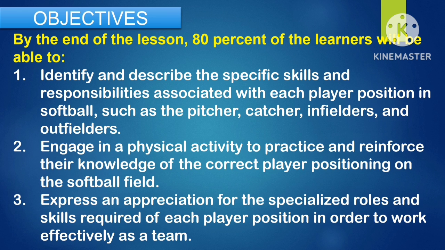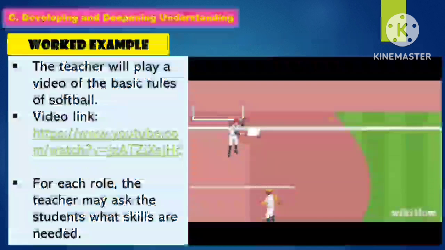The second one is to engage in a physical activity to practice and reinforce their knowledge of the correct player positioning on the softball field. And the third one is to express an appreciation for the specialized rules and skills required of each player position in order to work effectively as a team.